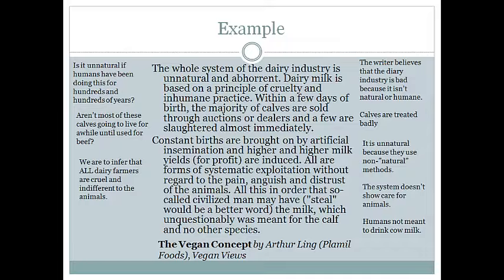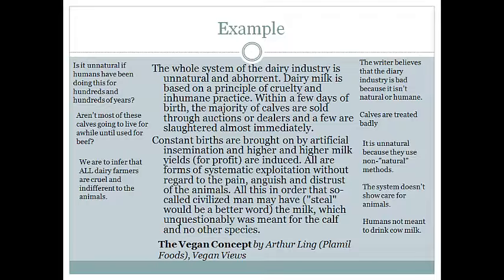One thing to consider here is that if this is in the Vegan Views publication, this writer is definitely slanted toward being a vegan, and you have to consider that that's where they're coming from, so we have to wonder if they're able to be objective in writing such an article.